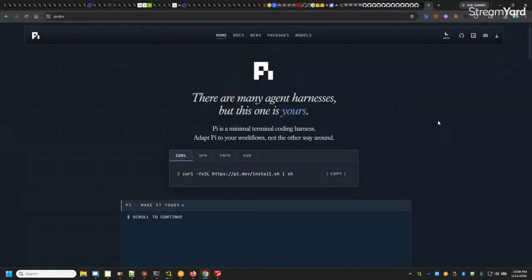Pi is another program that does the same thing, but it's much more powerful than Claude Code because you have to build everything yourself. Whereas Claude Code CLI is much more opinionated, you're more locked into a certain, well, I don't want to say locked into a workflow. There's a lot that you can do on it. There are workarounds, but you can't do anything you want with Claude Code, right?